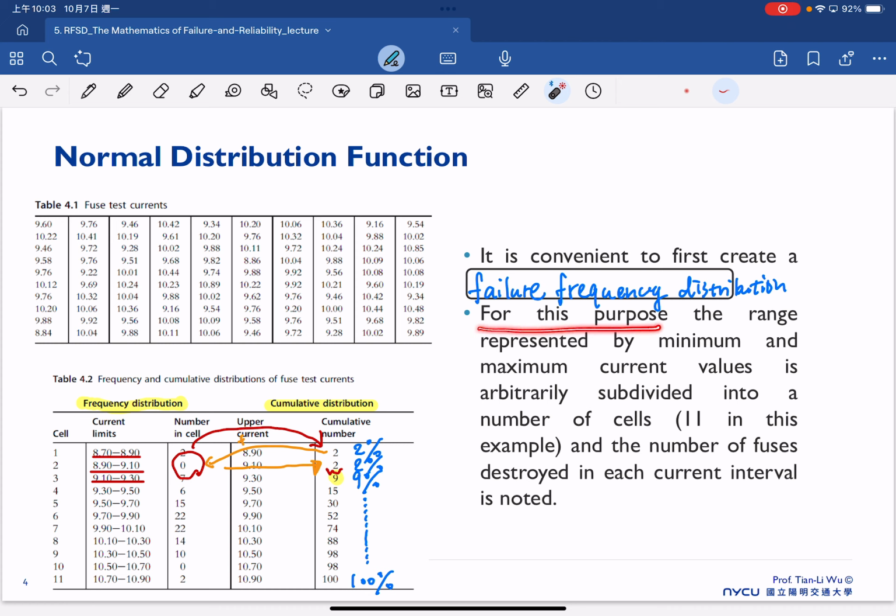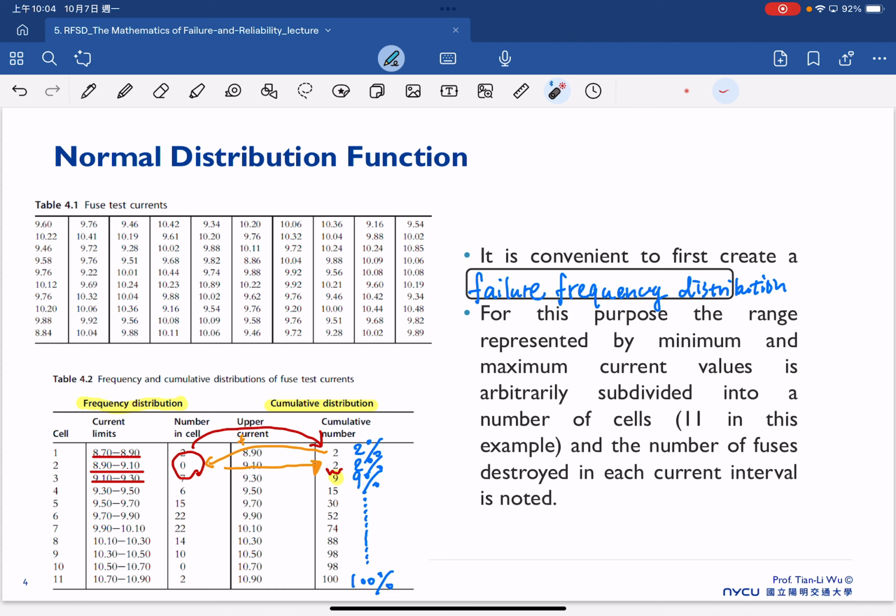For this purpose, the range represented by the minimum and maximum current value is grouped into a number of cells. For example, this is 11 in this example, and the number of fuses destroyed in each current interval is noted. In any case, the text tries to explain something similar to what I explained.